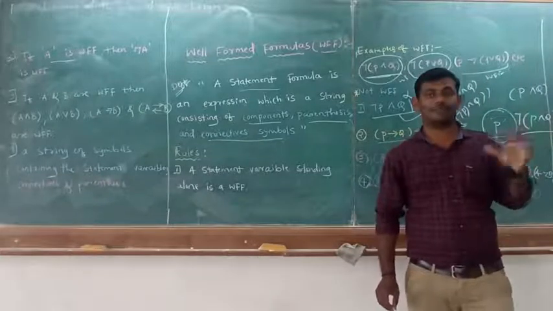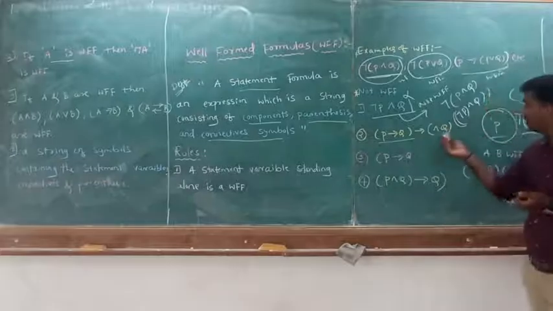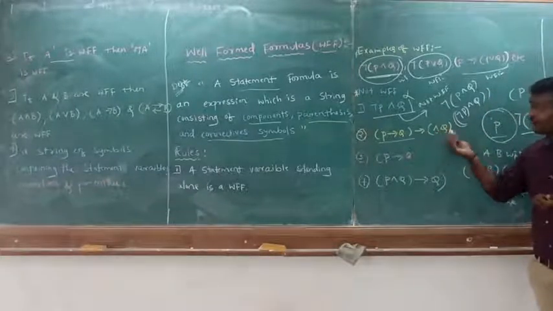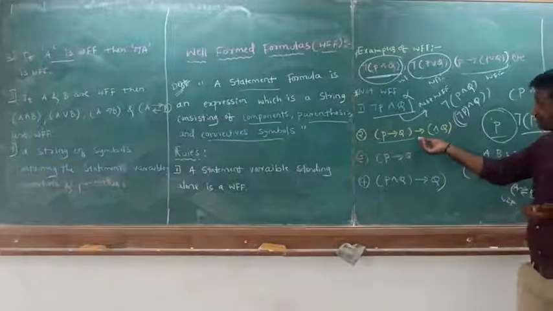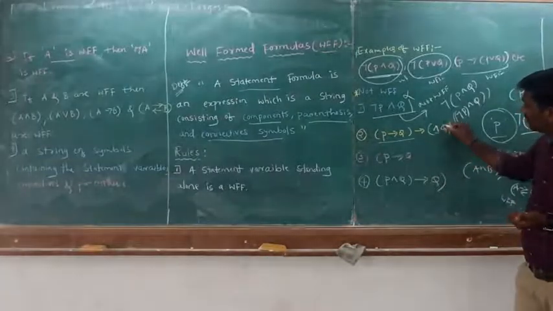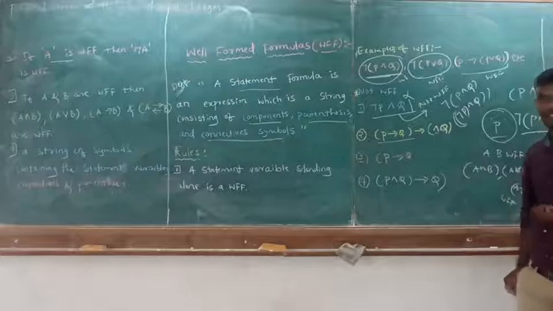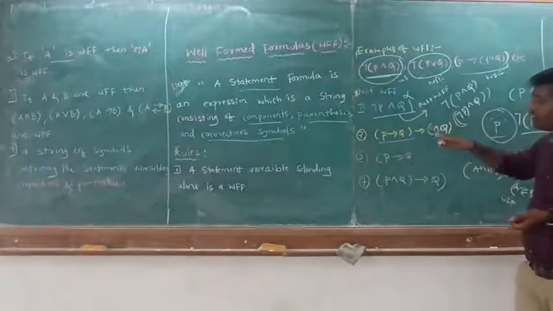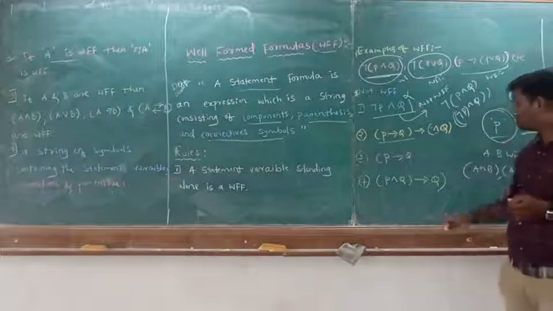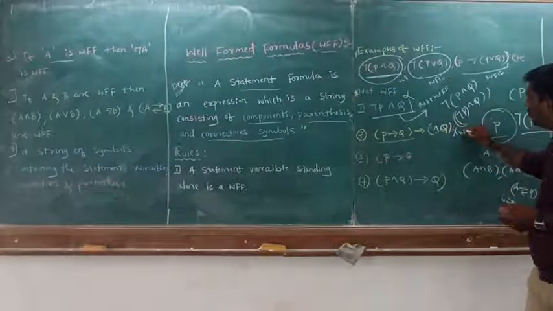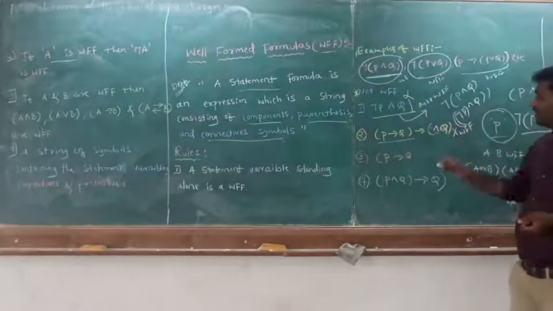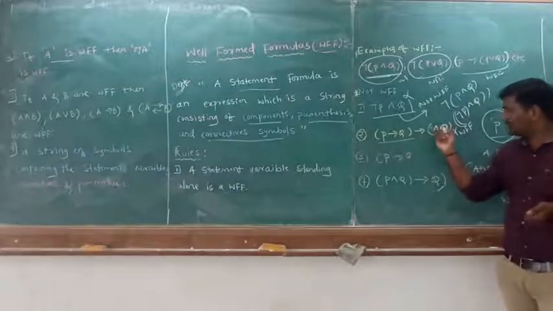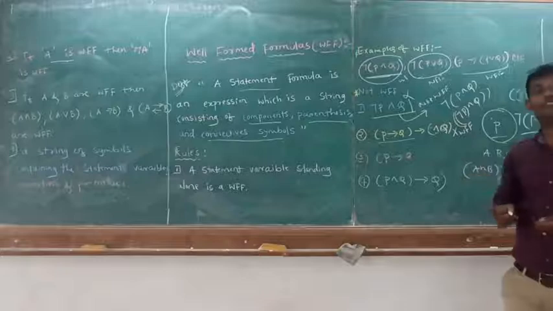Here the conjunction operation has only one variable, so it requires one more variable, which is not there in the statement formula. Some primary statement is missing with the conjunction operation, so this is not a well formed formula.